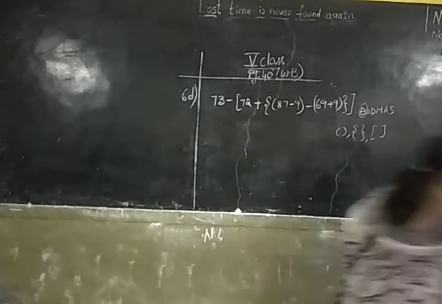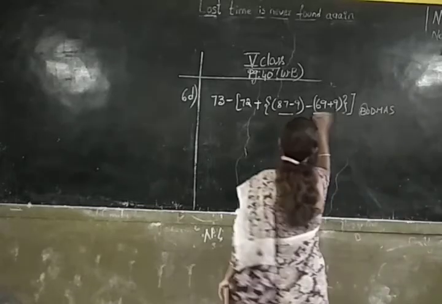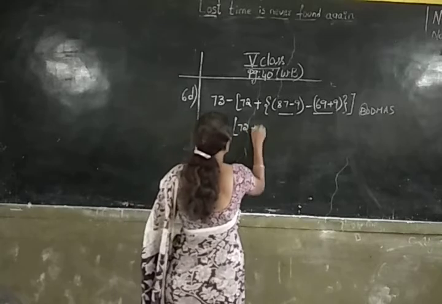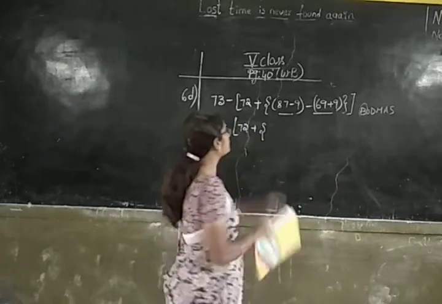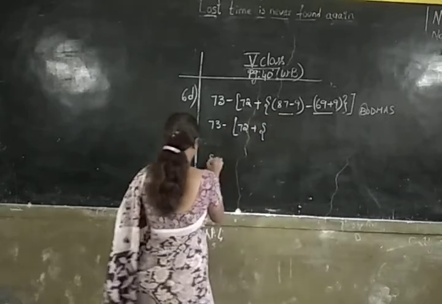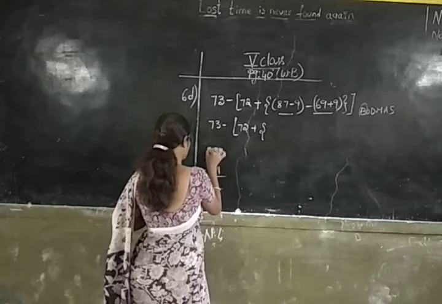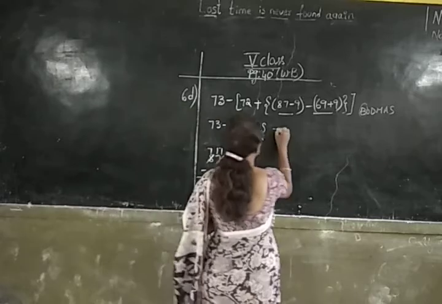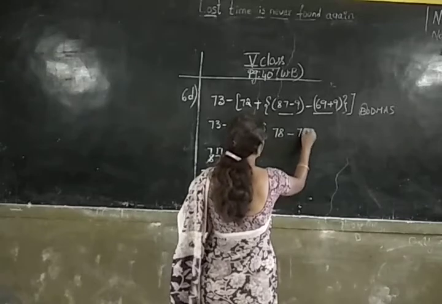Now first let us solve the terms inside the round bracket. 73 minus 72 plus. So 87 minus 9: 17 minus 9 is 8, and 7, so the answer is 78. 69 plus 9 is also 78.